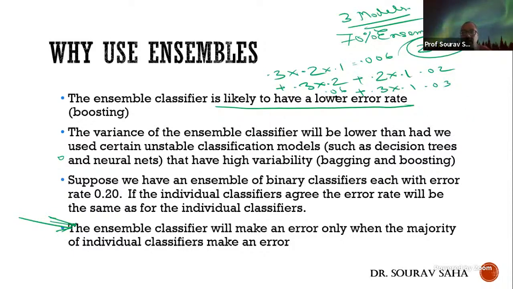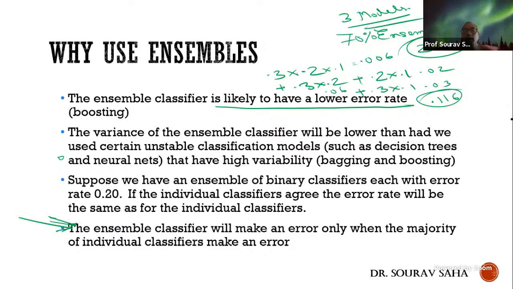Let me add this up: 0.06 plus 0.03 plus 0.02 is 0.11. And then this one, 0.3 into 0.2 into 0.1, is 0.006. Adding this up gives 0.116.